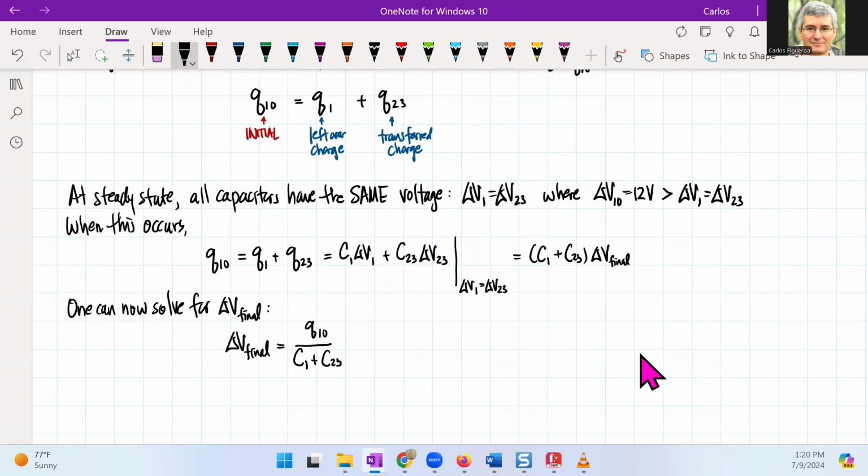If I plug in my values, capacitance 1 was 4 microfarads, this is 2 microfarads, and it all goes into our charge of 48 microcoulombs, which gives us 8 volts. So in other words, this is also the voltage of each of these guys.